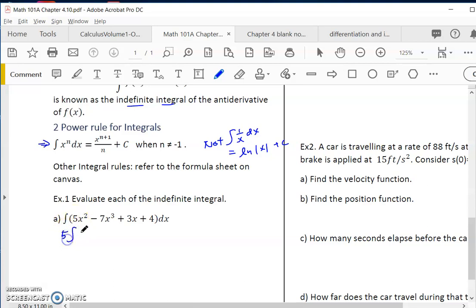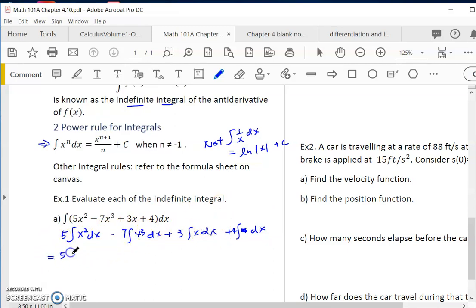So it would become 5 integral x squared dx minus 7 integral x cubed dx plus 3 integral x dx plus 4. Well, 4 is a constant, so 4 integral dx. Now these x to the n can be done by the power rule.